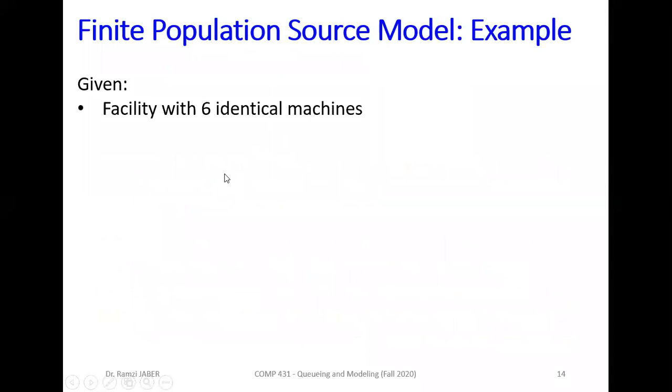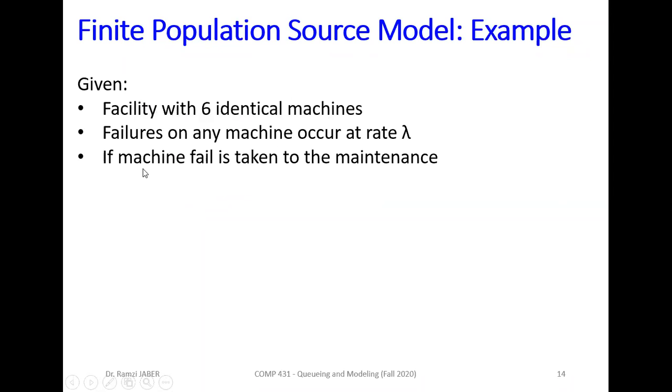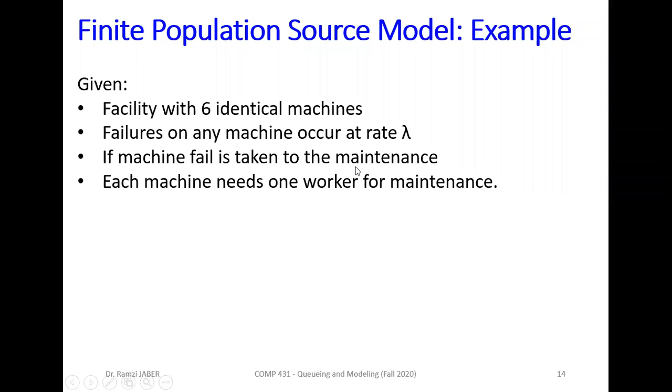Now, an example. Given a facility, like a factory or any workshop, with 6 identical machines. Failures on any machine occur at rate lambda. If a machine fails, it is taken to maintenance.